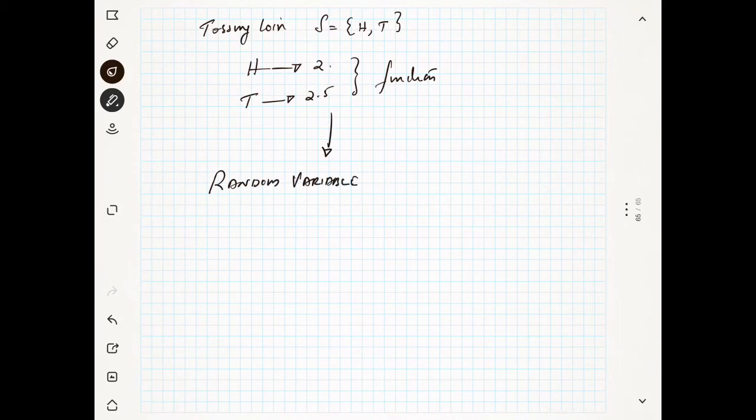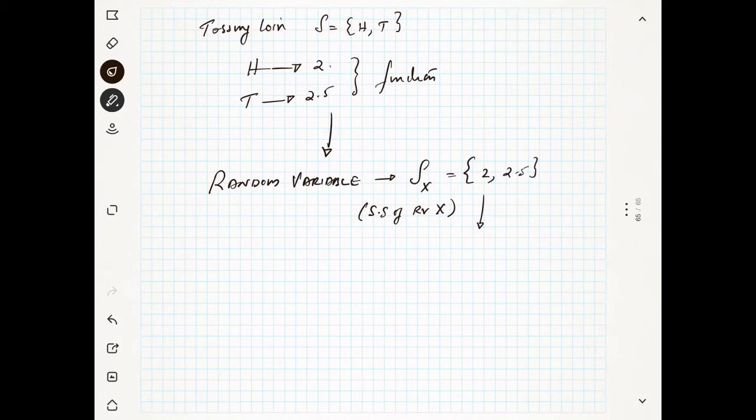What are the random variables? You will get a sample space of the random variable. This is the sample space of the random variable x, which is nothing but 2 and 2.5. And what are the probabilities?